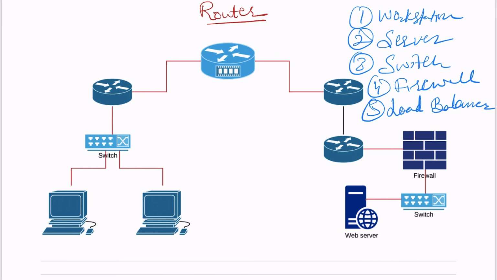There is no such restriction. Another important thing is that because we have not covered the OSI model till now, just remember that these routers work in layer 3, which is the network layer.